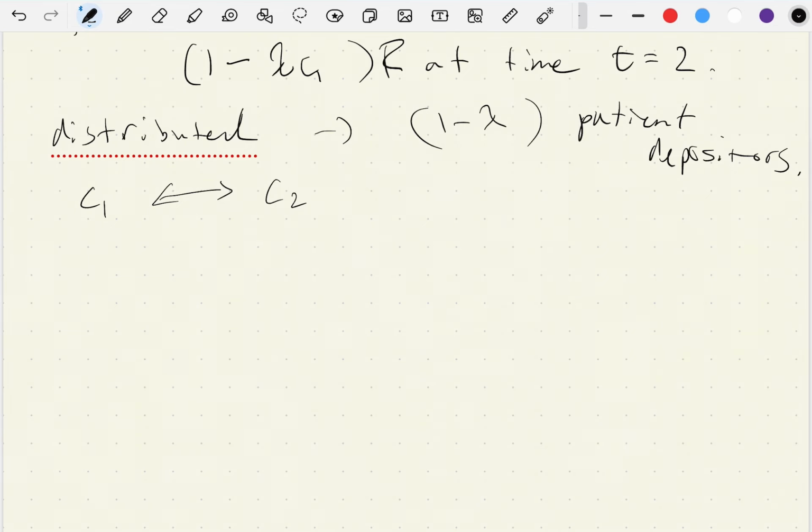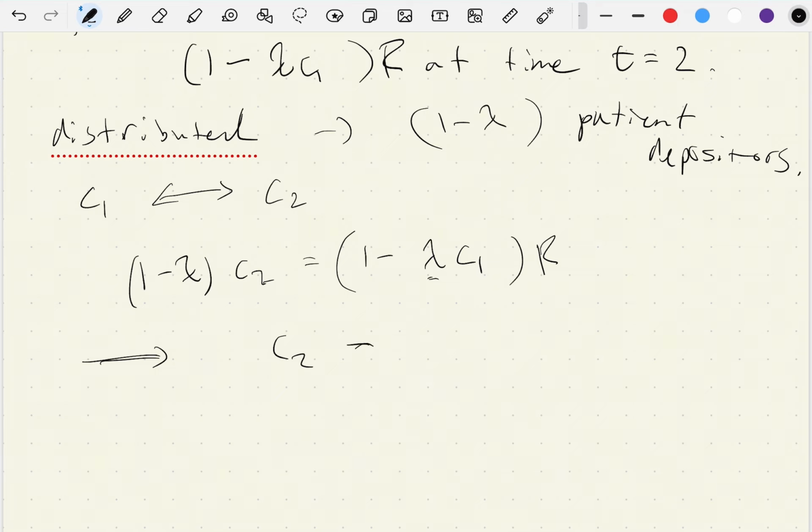The patient people's consumption at 2 is equal to 1 minus whatever the impatient people had, times the return.